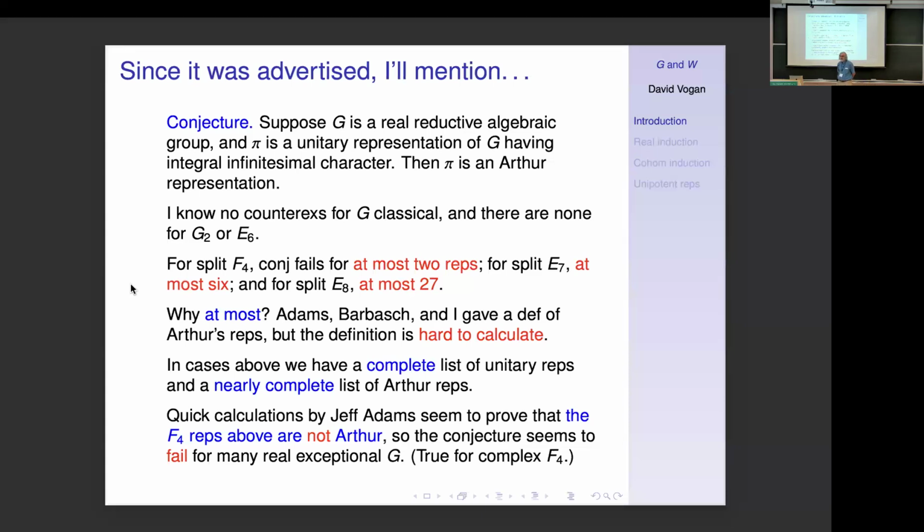So even if Jeff's calculation is correct, it could be that these representations belong to an Arthur packet. That's the other possibility, yes, that the Arthur packets could include non-unitary representations where the stability happens, and that would be a fascinating thing to understand as well.